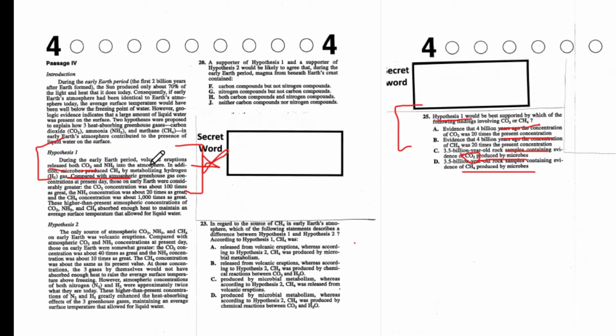This is volcanic eruptions a long time ago. So A and B both can be crossed out right away. We're left with produced by microbes and produced by microbes. But here it's asking us CH4, and here it says CH4 is produced by microbes. You see it? So that leaves us with the correct answer, which is going to be answer choice D.